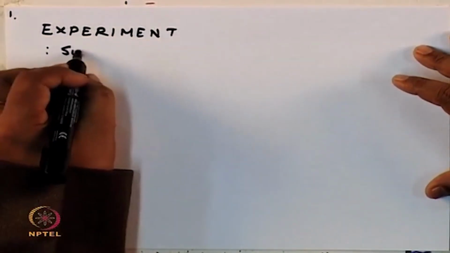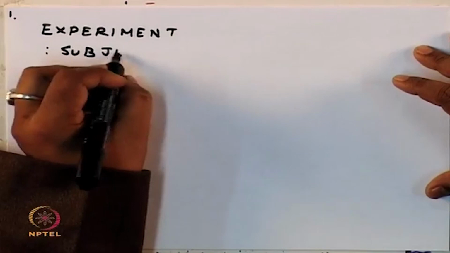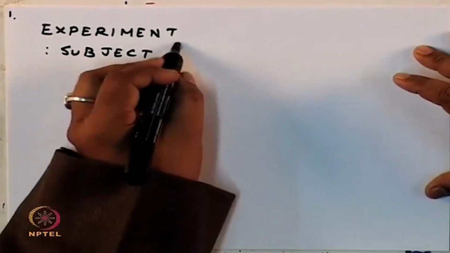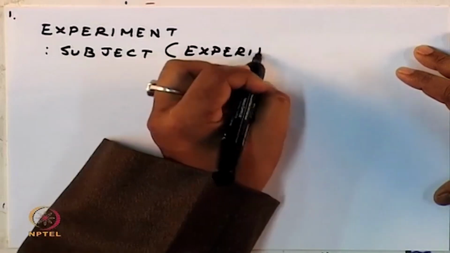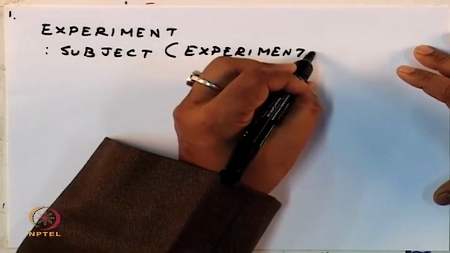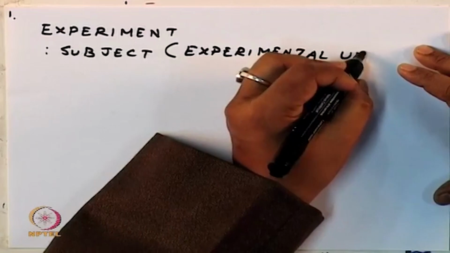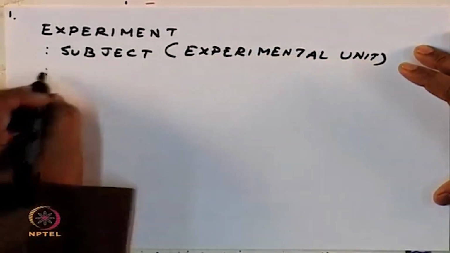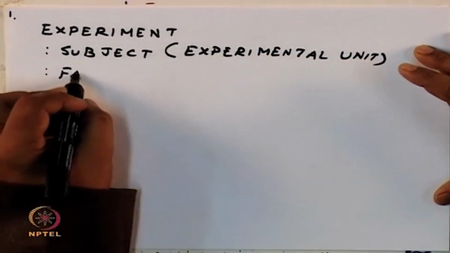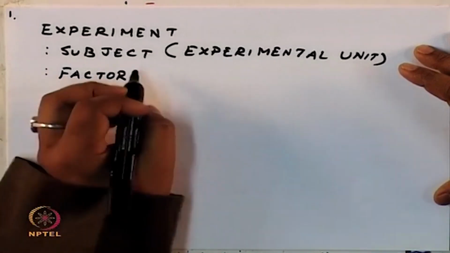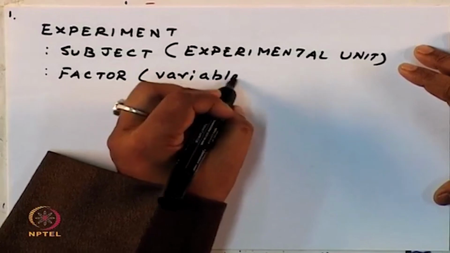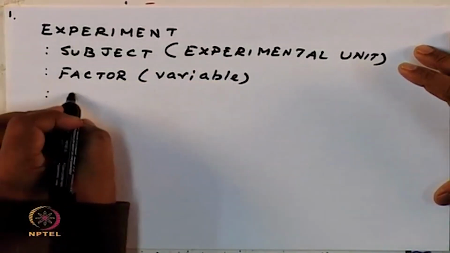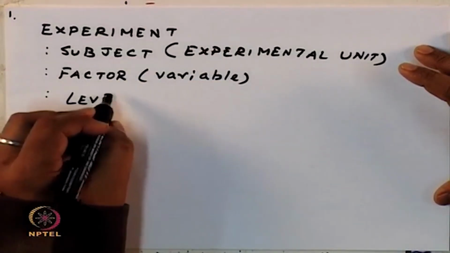The subject on whom you do the experiment. Okay. So, this is also referred as experimental unit. The factor which you are changing, so it is a variable. Okay. The levels, okay.